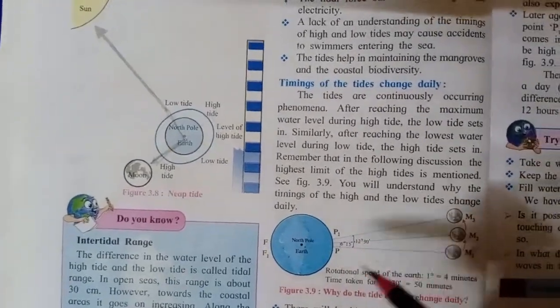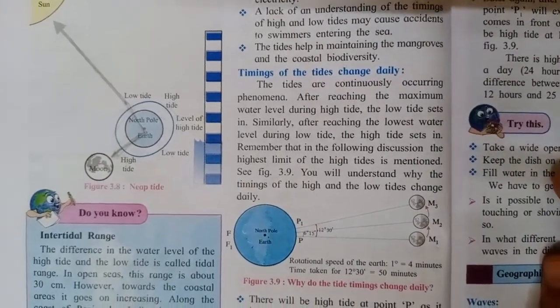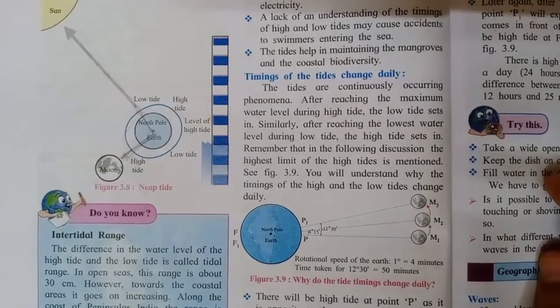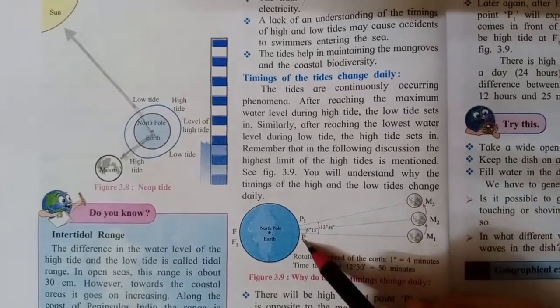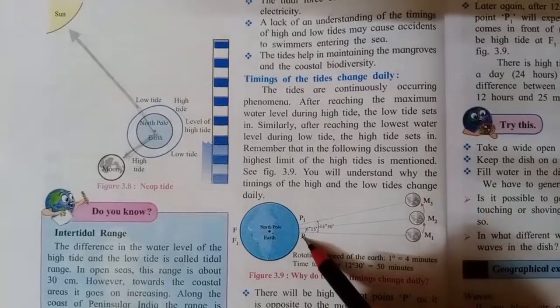So that the diagram will be much clearer to you, what is given in this explanation. There will be high tide at point P as it is opposite to the moon. So this is point P, and as this point P is opposite to the moon, here there will be a high tide.